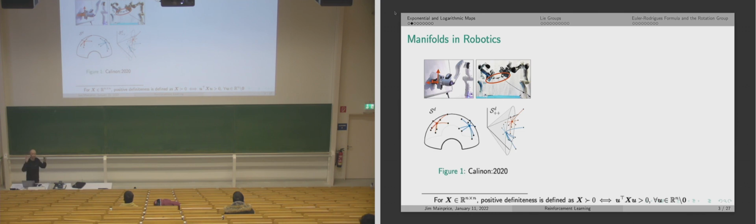A quaternion actually represents the orientation of a rigid body. If I have a rigid body, a quaternion will fully specify how it is oriented in three-dimensional space.